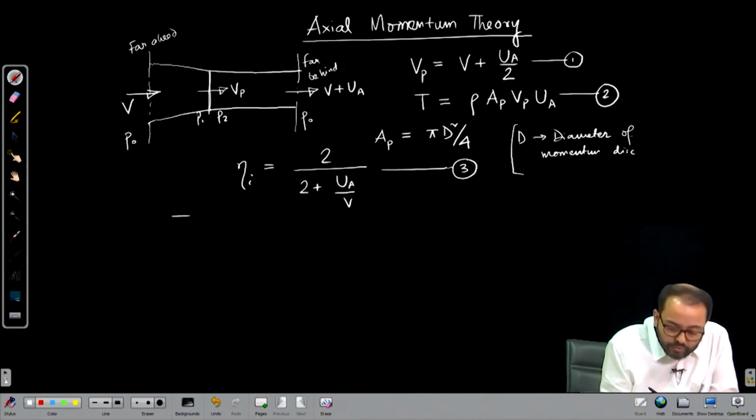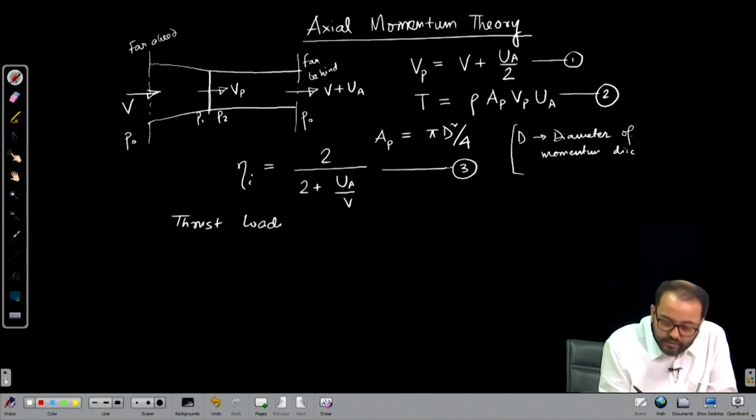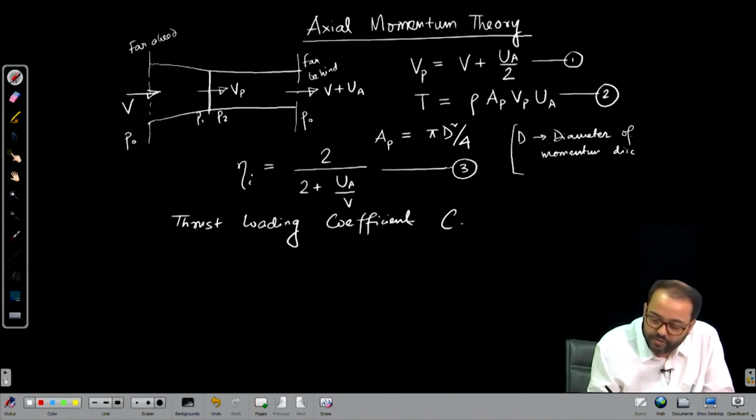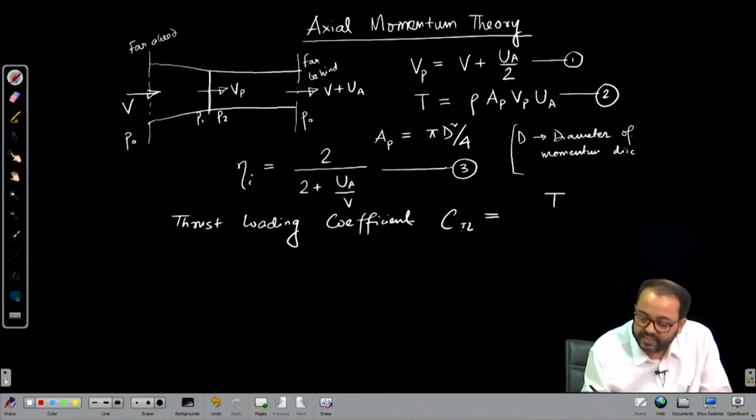So, thrust loading coefficient, which we call as CTL, is basically the thrust generated by half rho Ap into V square.